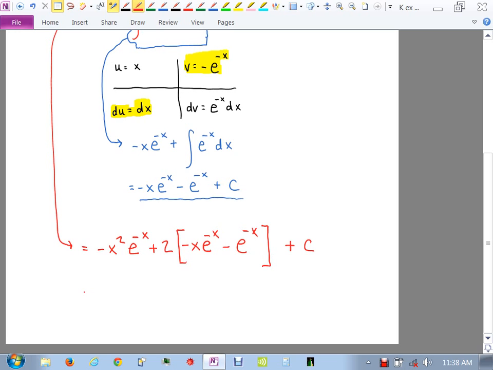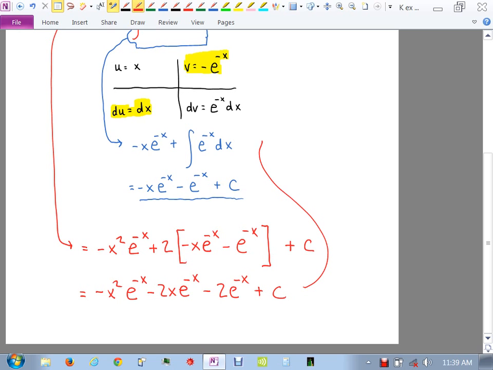Now just distribute and see if there are any like terms. Negative x squared e to the negative x minus 2x e to the negative x minus 2e to the negative x plus c. I know this is very low on the page here, but any of those like terms? You have a common factor, but other than that, you don't have like terms. You can't add and subtract.